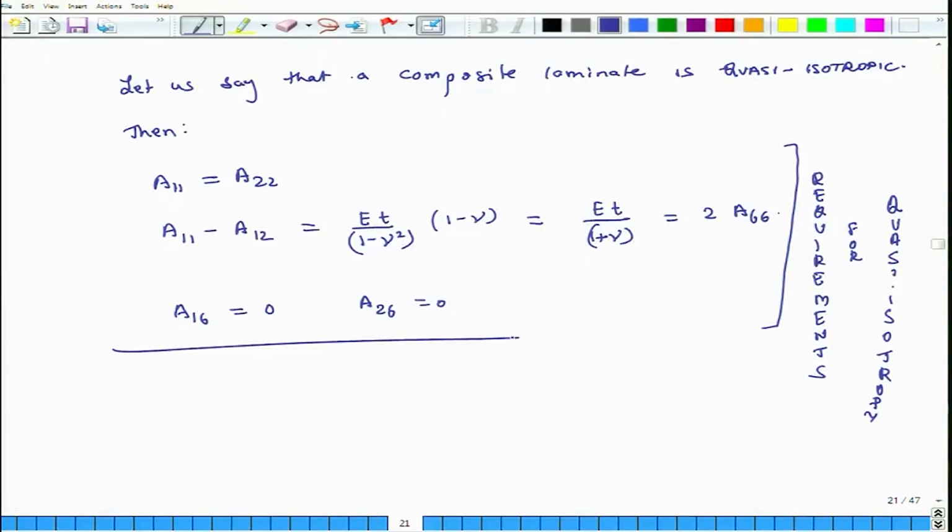Okay. So, the question is, what lamination sequence will ensure these conditions?